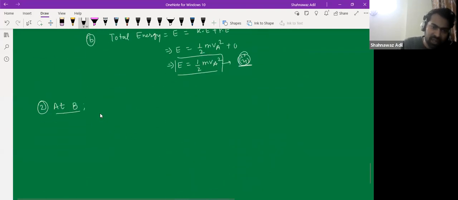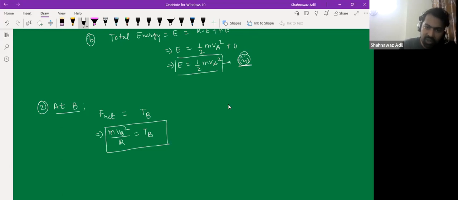If we calculate F net, that would be equal to this tension, right? So F net is mvB square by r, and this is equal to T. This is one thing.